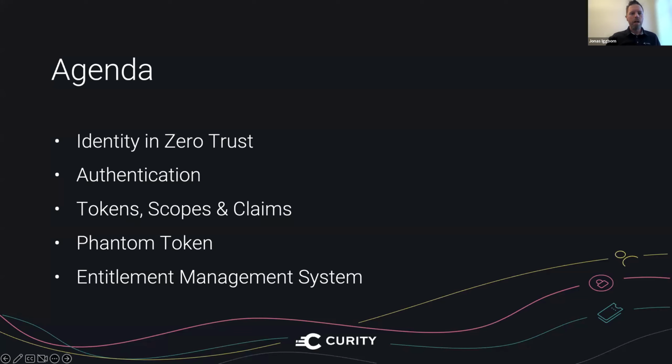I'll briefly cover what we call the phantom token pattern. It's relevant in the zero trust architecture, but it's a powerful token especially for privacy and leaking PII information, for example, as well as an entitlement management system, or an EMS, which is a core part or a key part that could help a lot in this architecture as well.